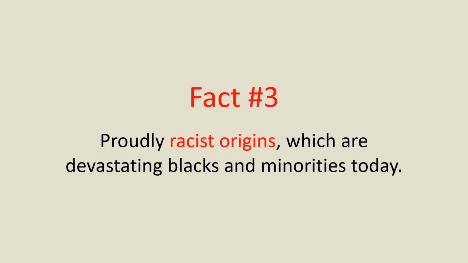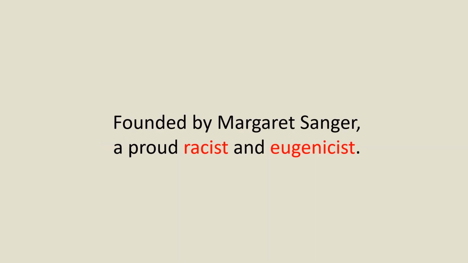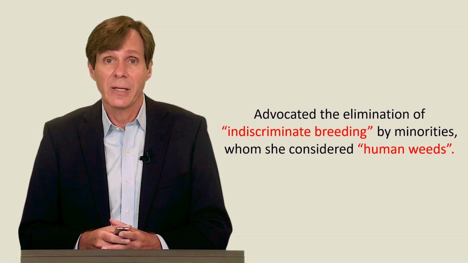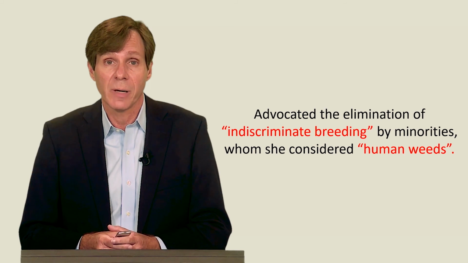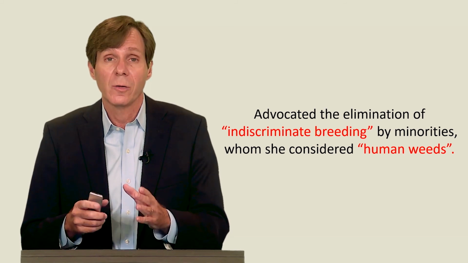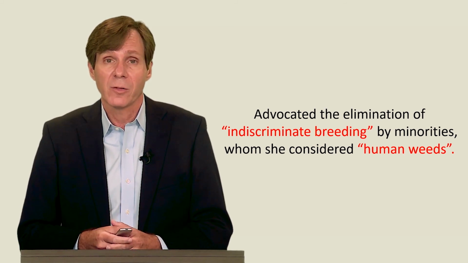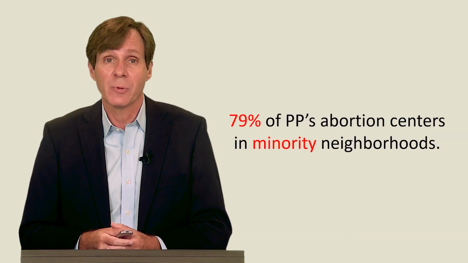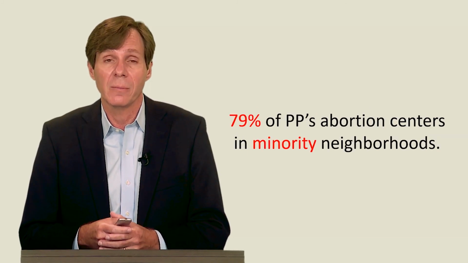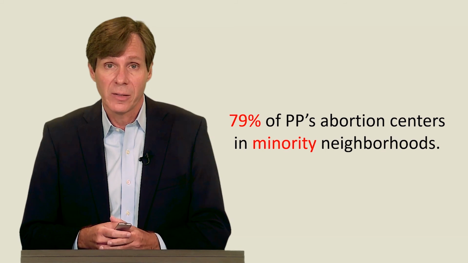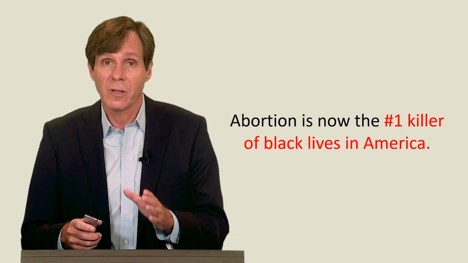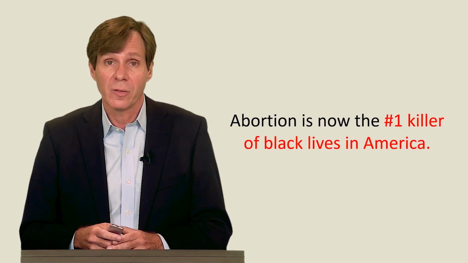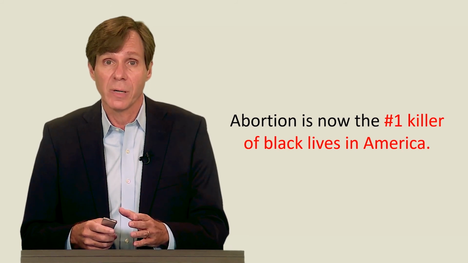Fact number 3, Planned Parenthood has proudly racist origins, which are devastating blacks and minorities today. It was founded by Margaret Sanger, a very proud racist and eugenicist. She didn't hide her racism and advocated for the elimination of indiscriminate breeding by minorities whom she considered human weeds. And her plan has worked remarkably well, as nearly 80% of their abortion centers are now located in minority neighborhoods. In fact, abortion has now become the #1 killer of black lives in America, more than heart disease, cancer, and gun violence combined.